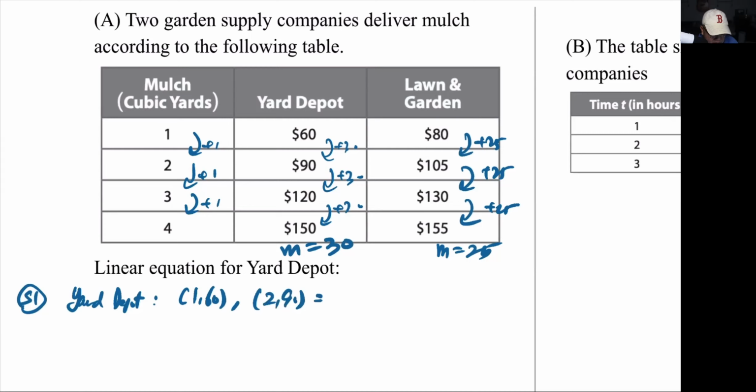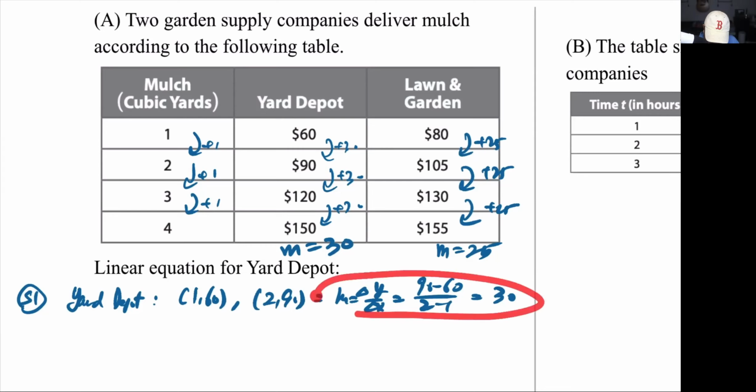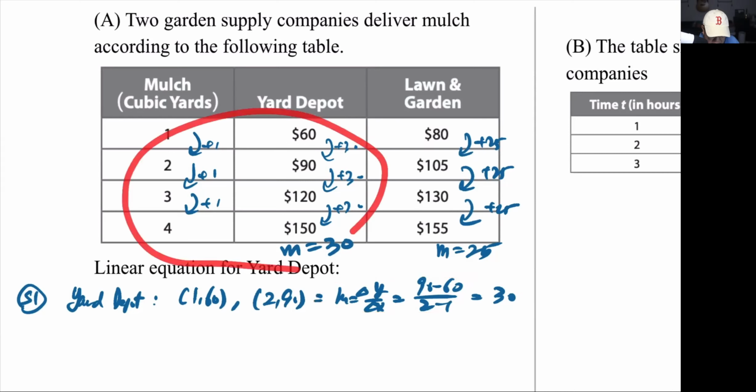And we already have the slope, guys, which is change in y over change in x. That's 90 minus 60 over 2 minus 1, which is 30. But I don't think this particular step is necessary because we could do it this way. But sometimes the numbers here are not very nice, so this is a good thing to do.